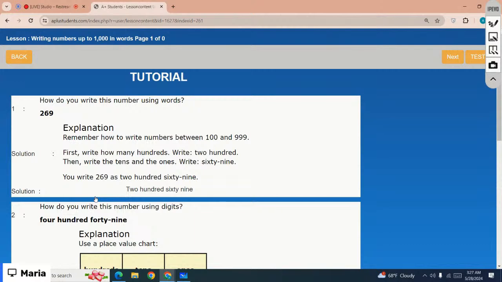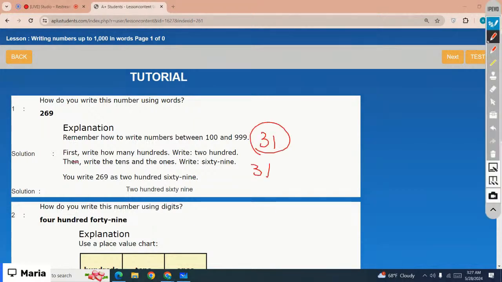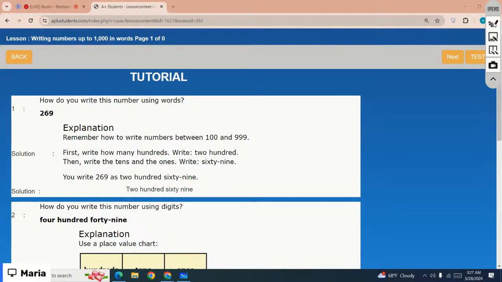That is 269, right? The correct option is 269, right? First, you have to see their place value. 9 is at the ones position, 6 is at the tens position, and 2 is at the hundreds position. So, how do we read? We read as 269. Let's just start with the test questions.